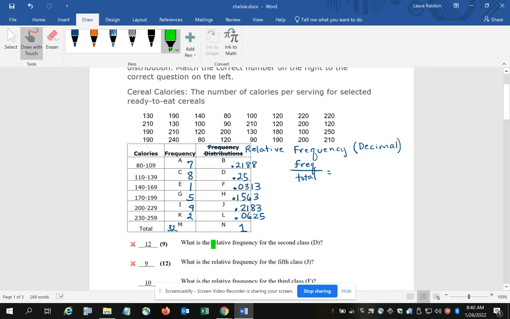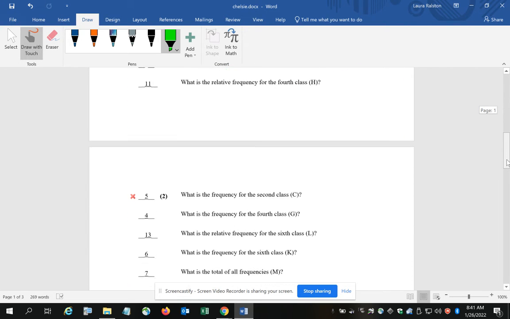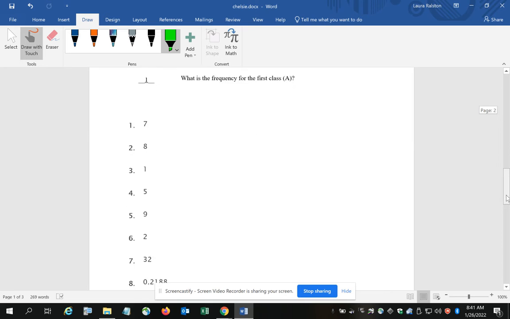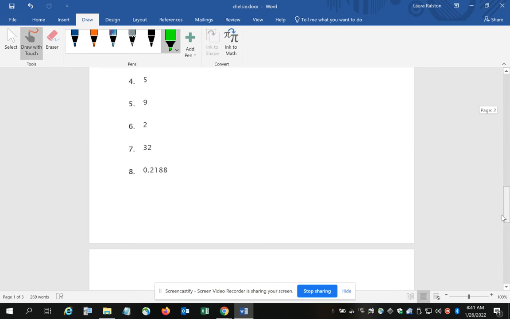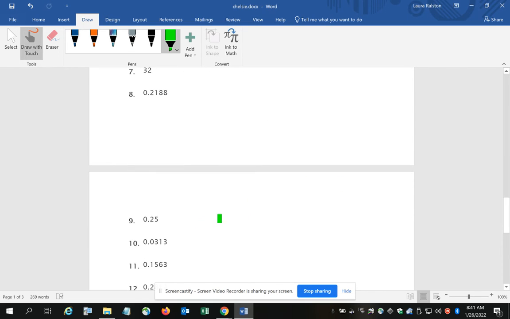It's important to note that you're looking for the relative frequency of the second class, which corresponds to box or square D. Square D is 0.25. So I'm going to scroll down on my paper, and here are my choices, and the choice that corresponds to 0.25 is number 9.